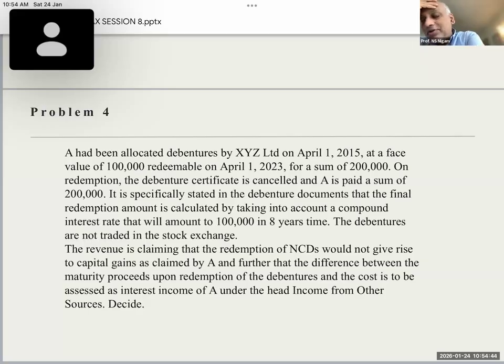15%? No, actually, it's not 15%. They've simplified the tax rates, and other than some special circumstances, the tax rate for long-term capital gains, an asset held generally for more than 2 years, is 12.5%.